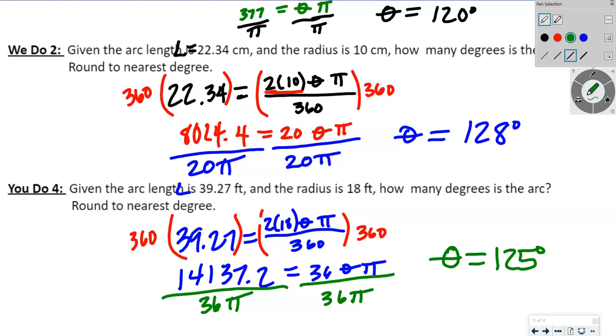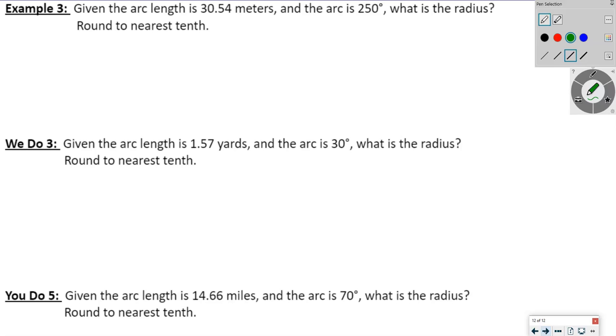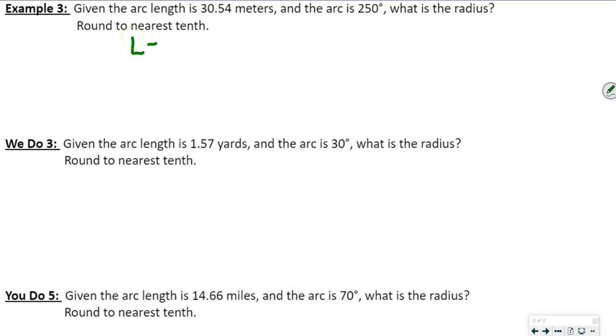Okay? All right, so our next one says, given the arc length again is 30.54, and the arc is 250 degrees, what is the radius? Now, this could be a central angle or an arc, remember. So, again, length is equal to 2 times the radius times theta times pi over 360, right?